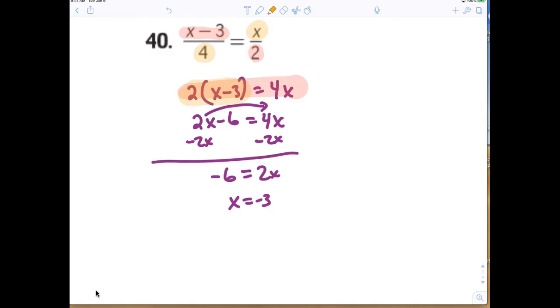Do you agree with that? So I did 2 times x and 2 times negative 3. Right? Now I just subtract 2x from both sides. I get it now. You good? All right, thank you very much.